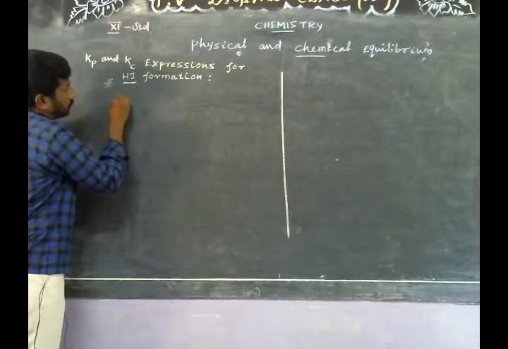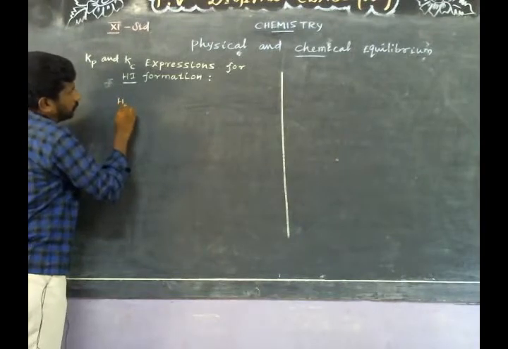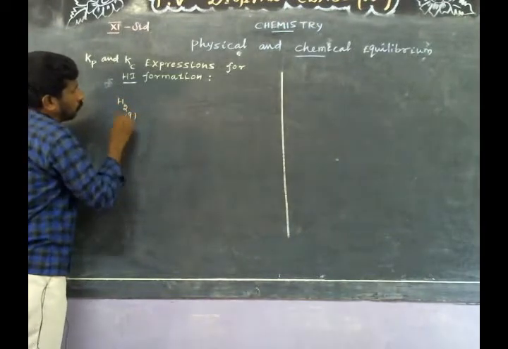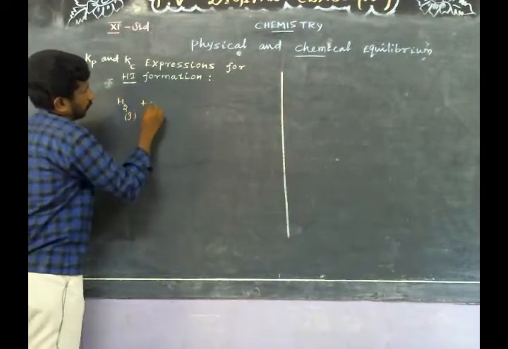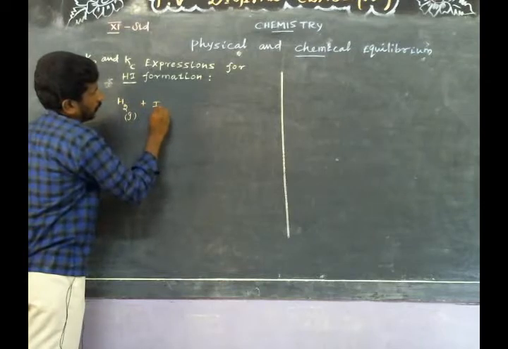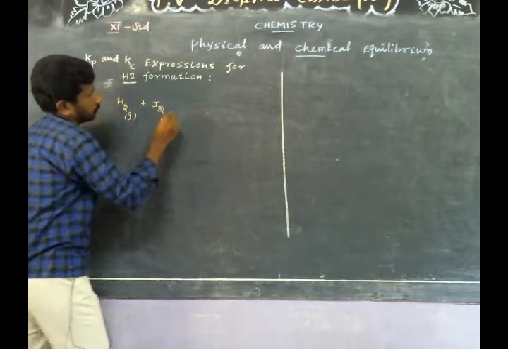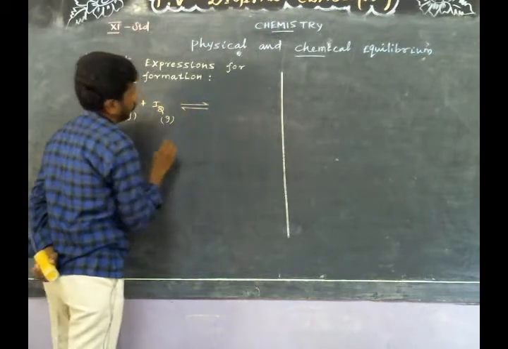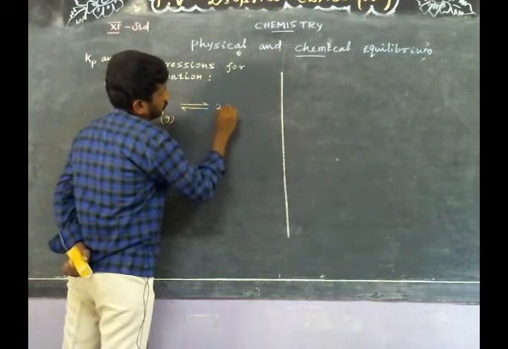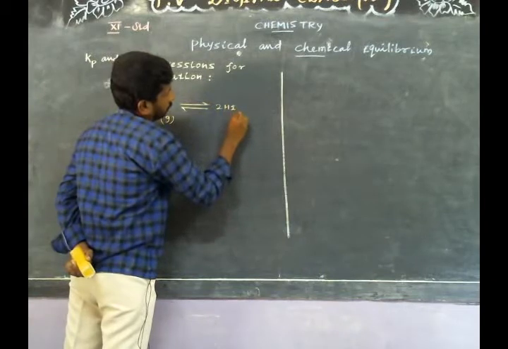1 mole of hydrogen gas plus 1 mole of iodine gas, in equilibrium with 2 moles of hydrogen iodide gas.